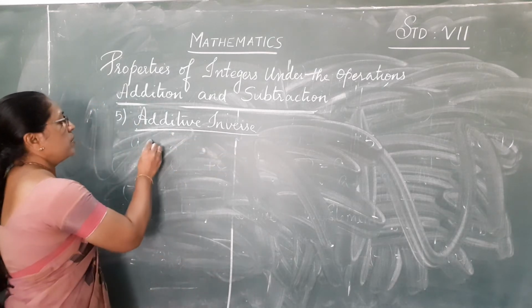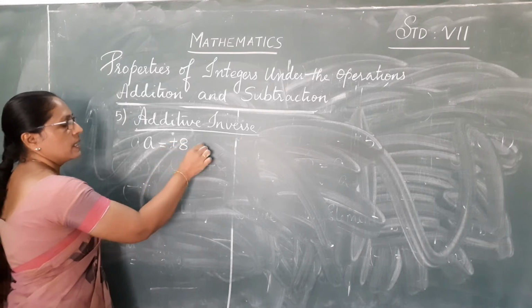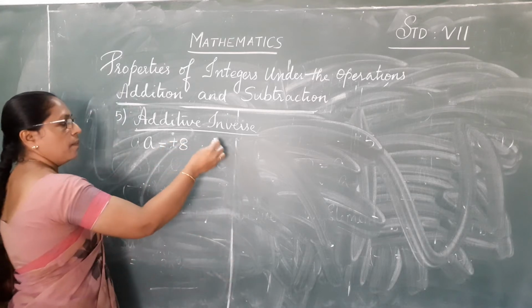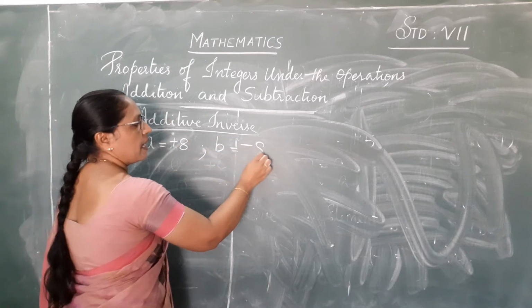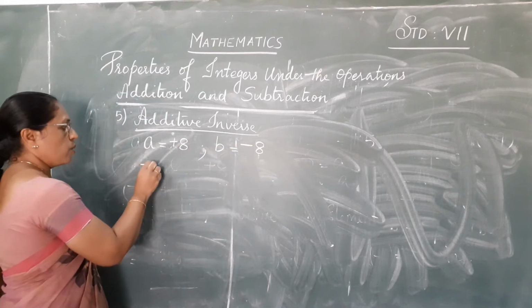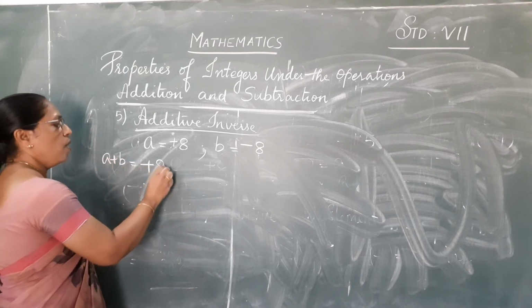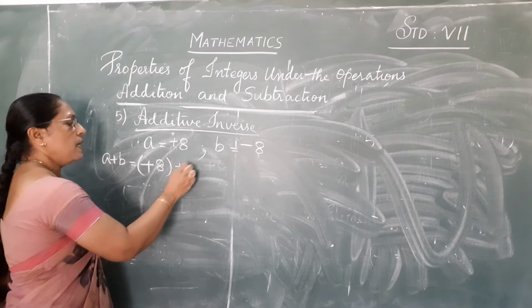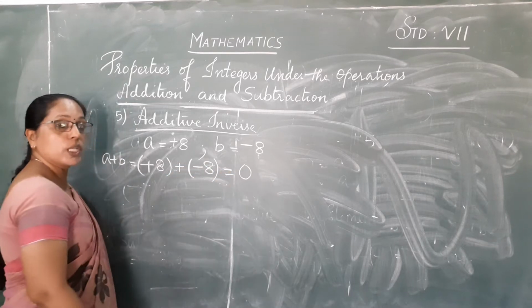That is, if you take a number A equal to positive 8, then B, its opposite, negative 8. When you add these two, A plus B is equal to positive 8 plus negative 8, you know what's the answer coming? 0. Okay.